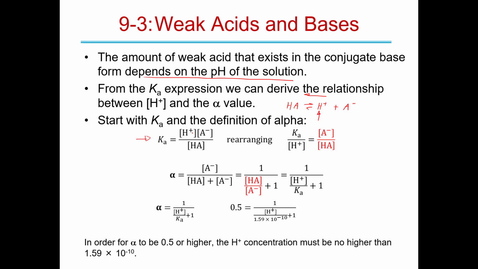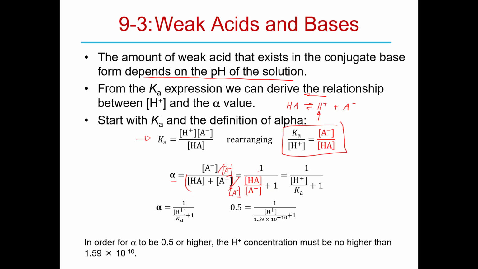We can see that mathematically by doing a little bit of algebra here. Starting with our Ka expression, we can rearrange it a little bit to give us this. And then we can go back to our alpha fraction expression right here. What we're going to do is take this expression and divide both the numerator and the whole entire denominator by A-. A- divided by A- gives us 1. And here in the denominator, we distribute that A- inside the parentheses. So we have HA divided by A- plus A- divided by A- just gives us 1 again.